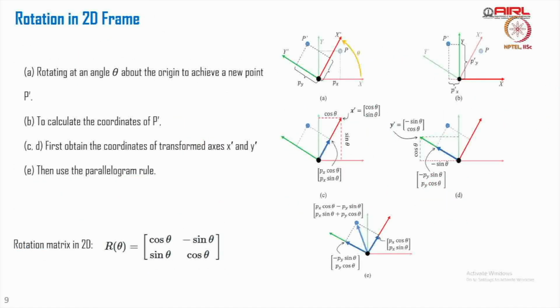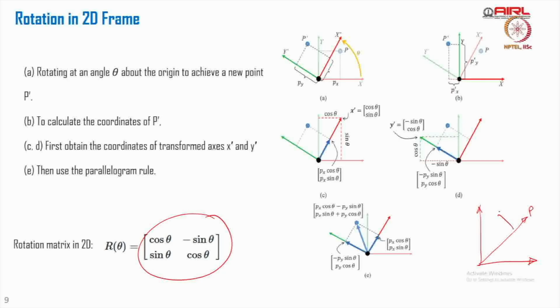Now we'll perform a rotation in a 2D frame. We'll see how this particular rotation matrix comes about. You can see on the right hand side, the original figure was this particular x and y axis with a point P. This point can be represented as a vector also, as you have seen. Now we rotate this particular vector. This is the vector P in the original figure.